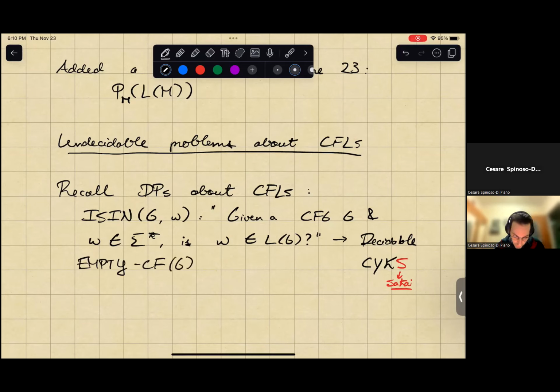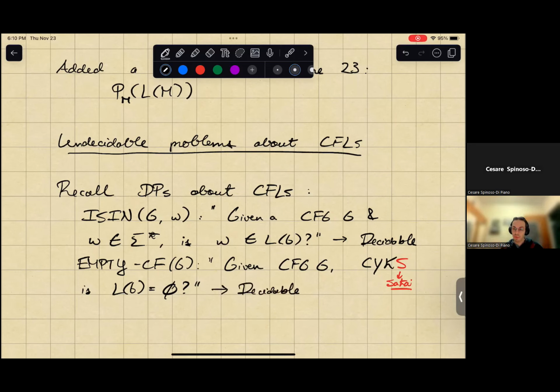So we have some context-free grammar, which parameterizes the context-free language. Okay. And in particular, which parameterizes really this decision problem. And it asks, or it says, given a context-free grammar G, is L of G equal to the empty set? Okay, and we saw that this was also decidable.